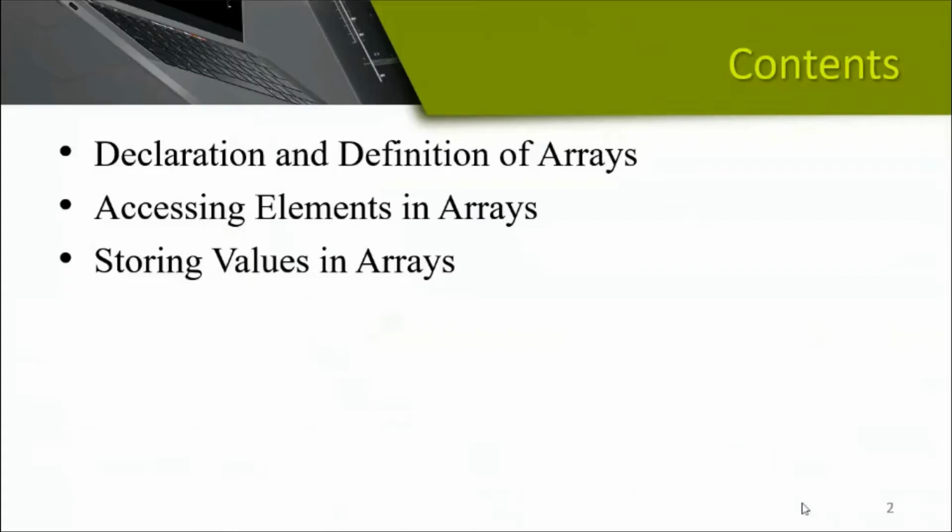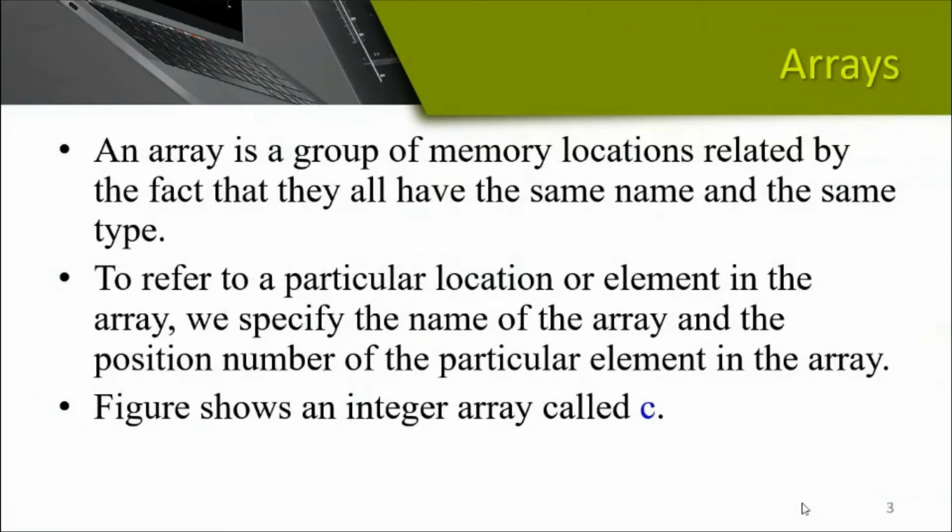Now an array is a group of memory locations related by the fact that they all have the same name and the same type. An array consists of a number of elements of the same type. If I define an array of integer type, then all the elements in that array will be integers.